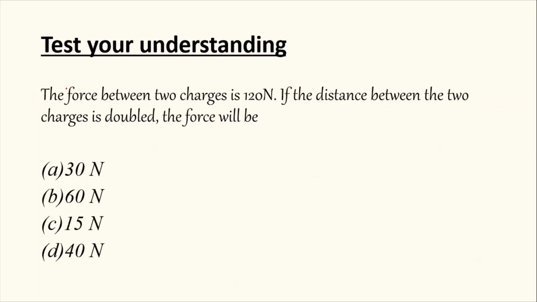Now, with this understanding, we shall test our knowledge now. Listen to the question carefully. The force between two charges is 120 Newton. If the distance between the two charges is doubled, what will be the force? You know that F is equal to K into Q1, Q2 upon R square. Now, R is doubled means R becomes equal to 2R.